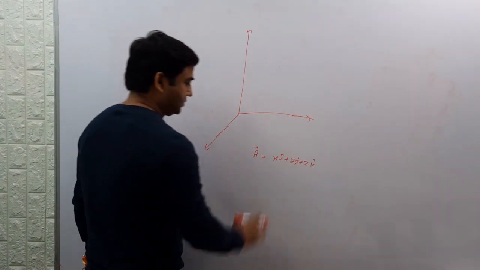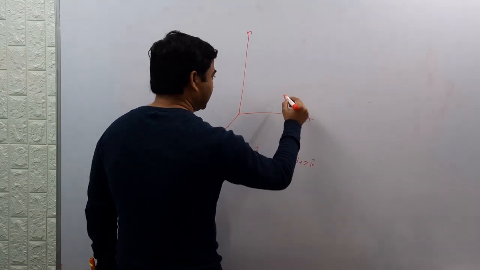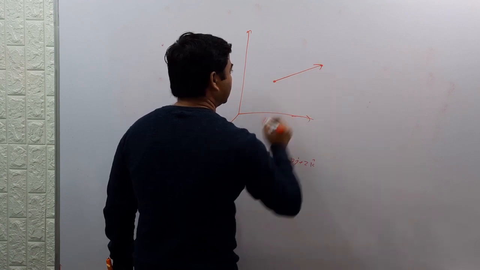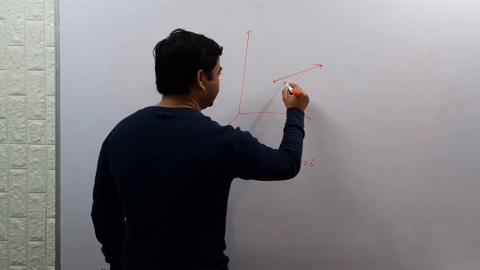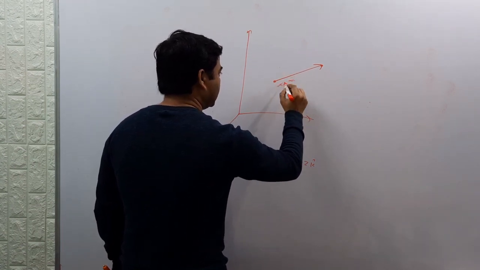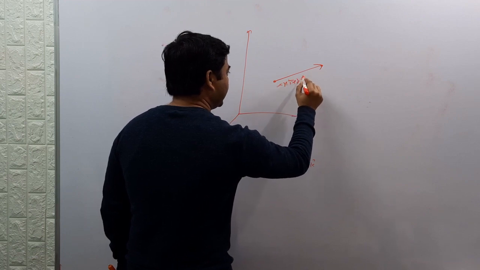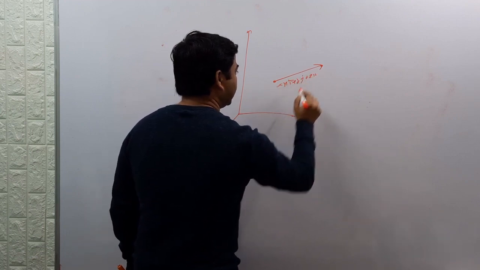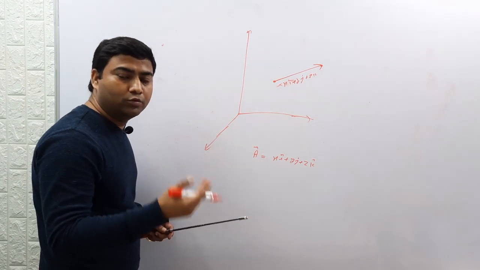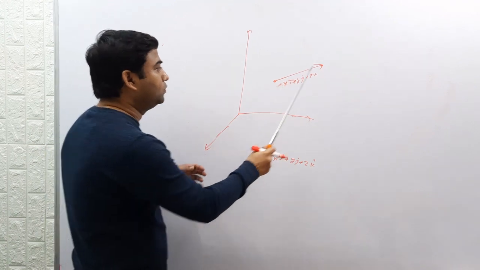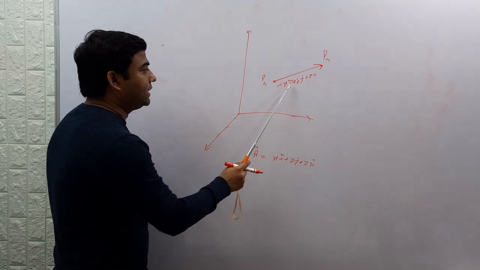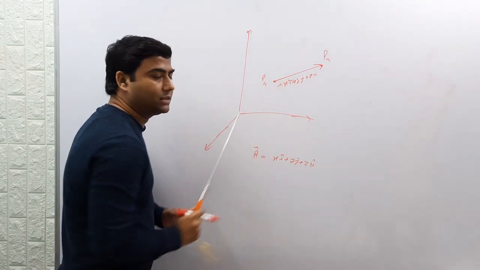So this vector, after applying the formula x2 minus x1, y2 minus y1, z2 minus z1 for two points P1 and P2, we find this vector xi plus yj plus zk.